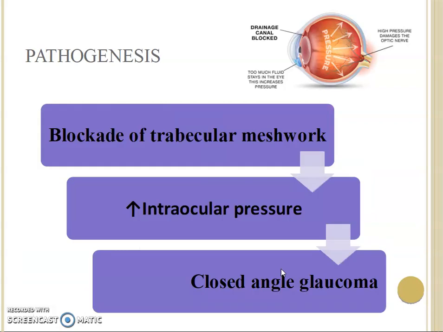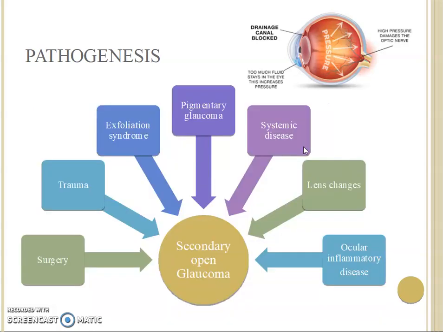Now moving towards the closed angle glaucoma pathophysiology. Here I mentioned that there is blockade of the trabecular meshwork, and in the first slide also I mentioned blockade of the drainage channel.